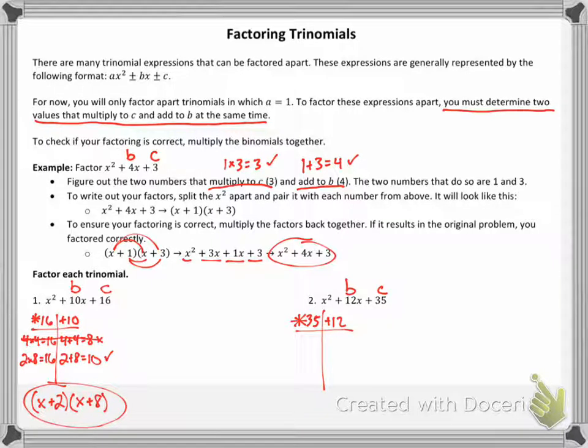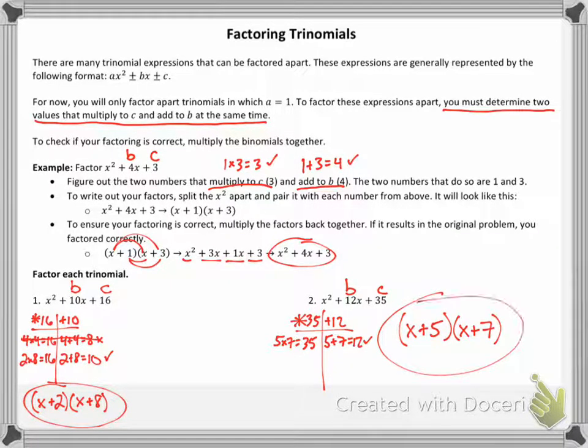I think of 5 times 7. That gets me 35. So now I'm going to take the 5 and the 7 and add them. Hey, look, I get positive 12. That's great. Right off the bat, I've got my answer, which means I have my factors. So again, x and x, positive 5, positive 7. My final answer would be x plus 5 times x plus 7.